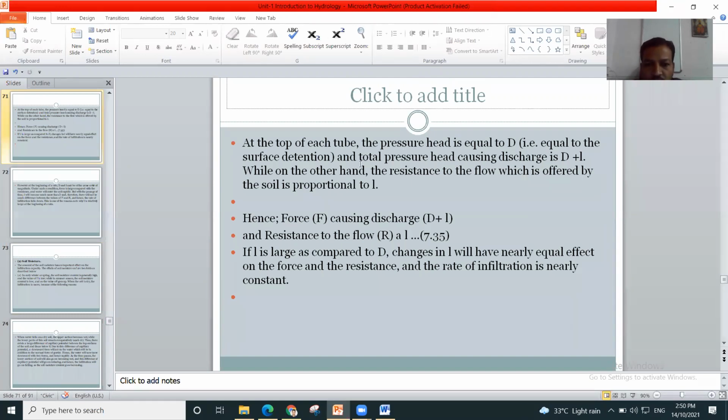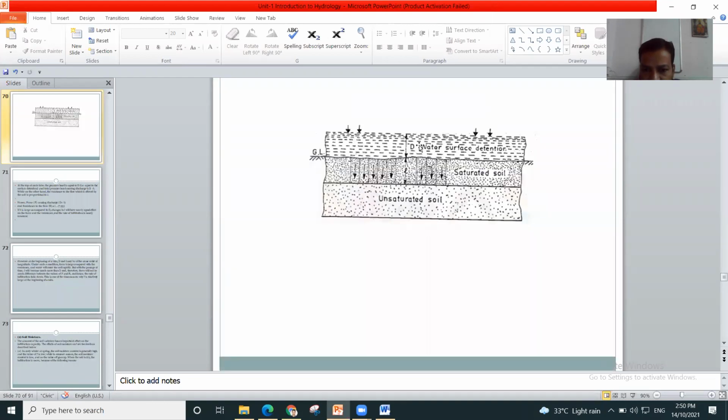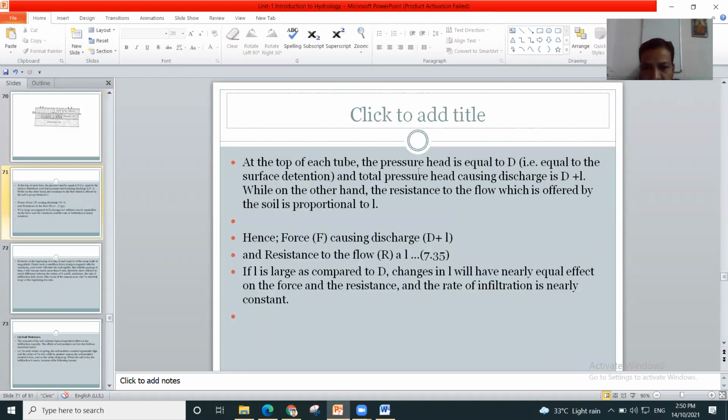At the top of each tube, the pressure head is equal to D, the surface detention, shown in this diagram as capital D, and the total pressure head causing discharge is D plus L, the addition of this thickness plus depth.